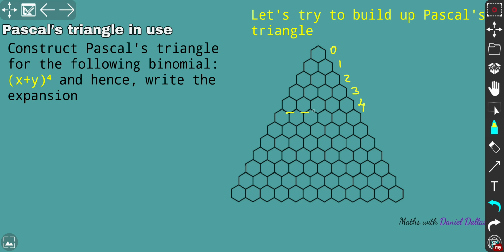And let's fill the table. So 1 everywhere: 1, 1, 1, 1. We add those 2 ones and we get 2. Then we add 1 and 2, and again 1 and 2, and 1. And here the target level will get 1, 4, 6, 4, 1. So that's why we've got all the coefficients.